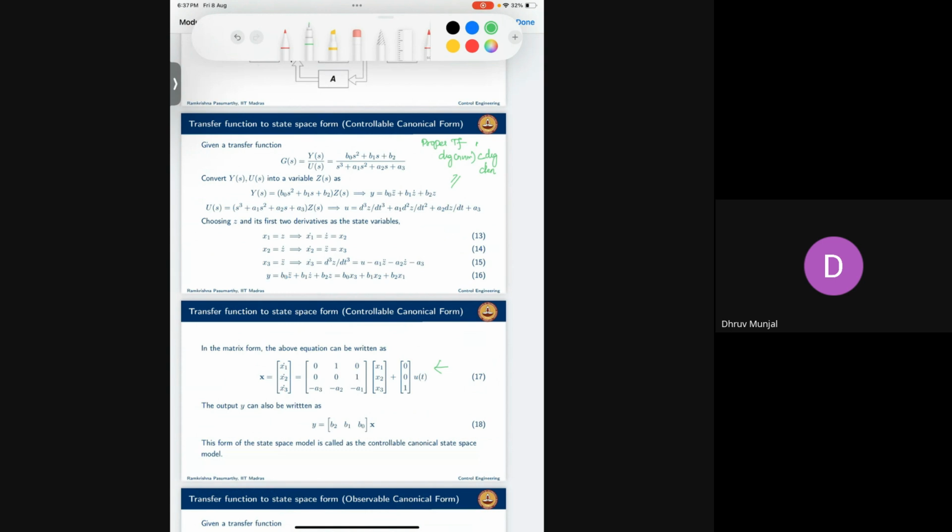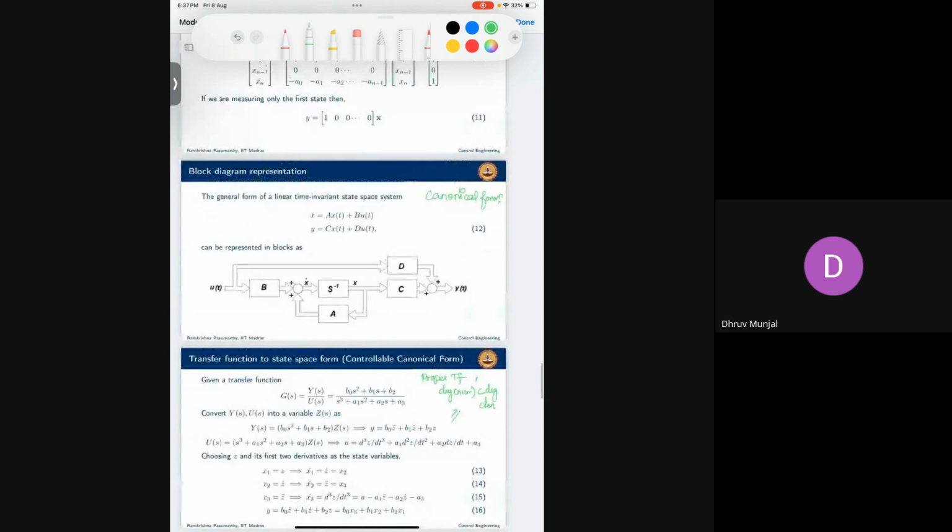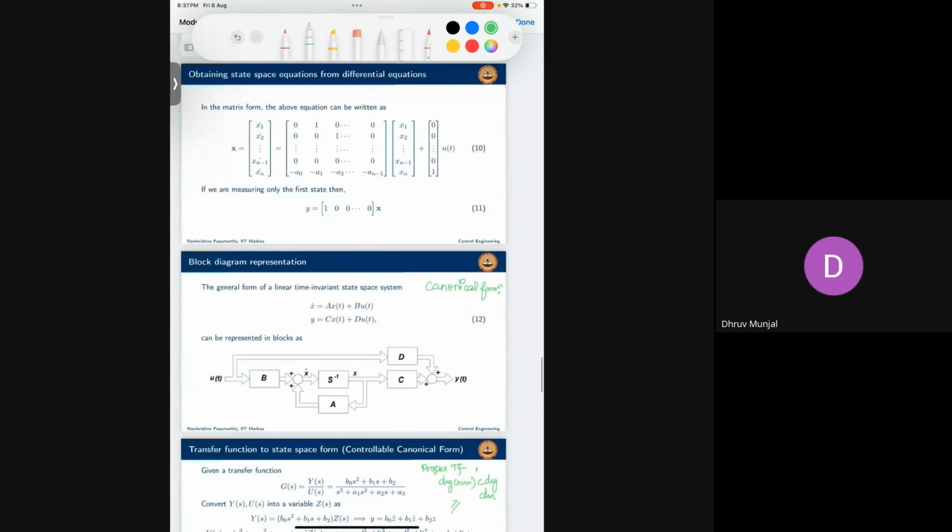If you want your system to be controllable, for example, like where it was the controllable canonical form, right?